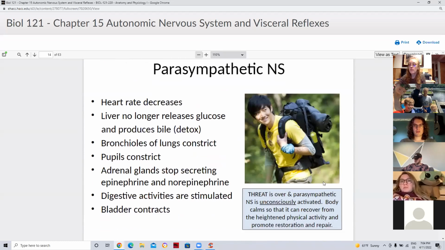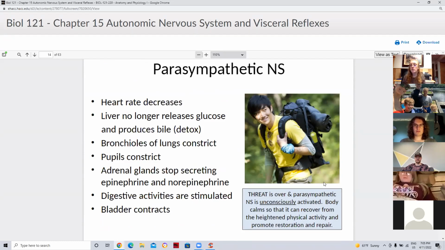Okay, there's no longer a bear around. The threat's over. You've managed to run faster than your friend did, and the threat's over. The parasympathetic nervous system is unconsciously activated, and the body calms down so that it can recover. Heart rate decreases. The liver no longer releases glucose. It's going to start building up glucose stores again.